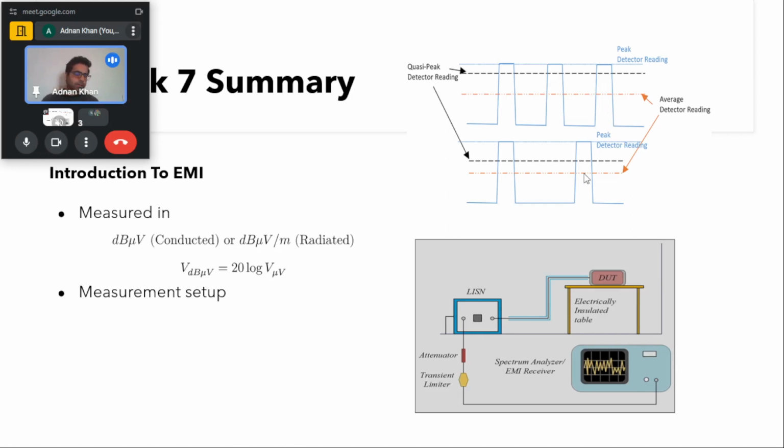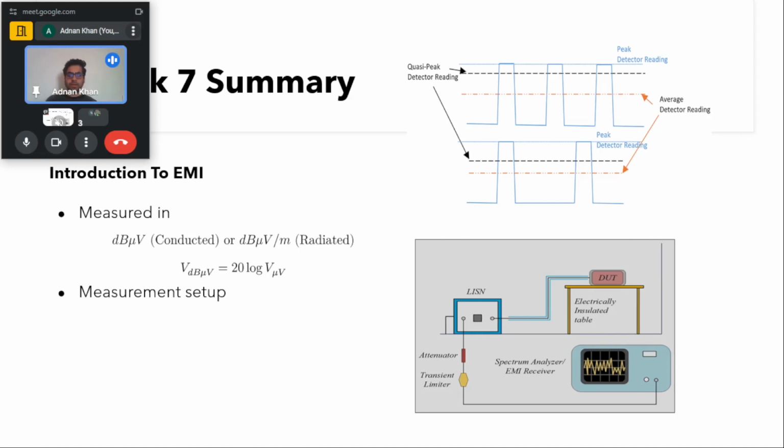But for different waveforms, we can have the same peak as well as the same average, while the frequency of these waves can be different. So there should be some other measurement by which we can differentiate these two waveforms.